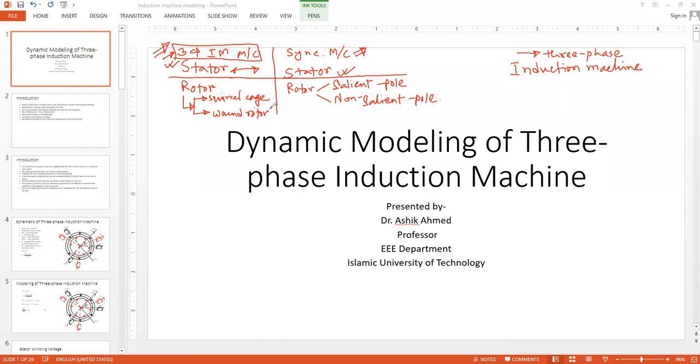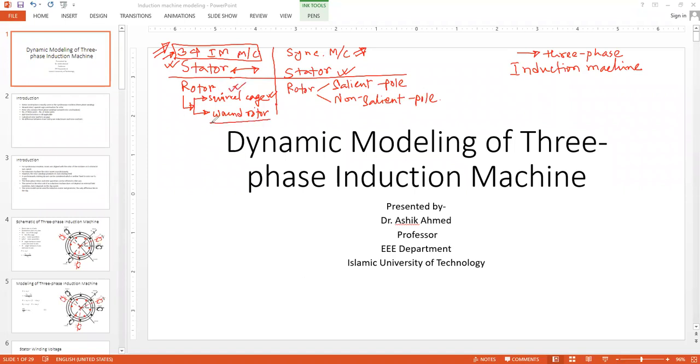Okay. So the basic difference in the rotor construction again lies in the fact that in case of a squirrel cage, basically there are no physical coils over there, okay? Like no physical wirings are available in case of the squirrel cage. Rather, you have the rotor copper bars or the conductor bars, okay, metal bars or conductor bars, which are actually shorted at both ends in case it is a squirrel cage construction.